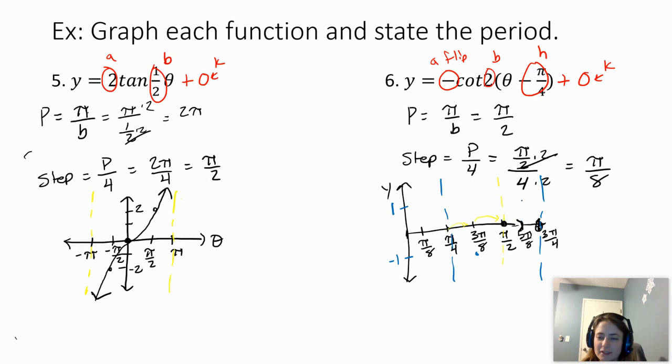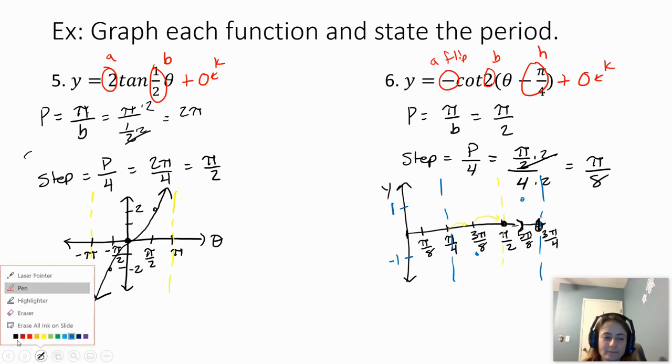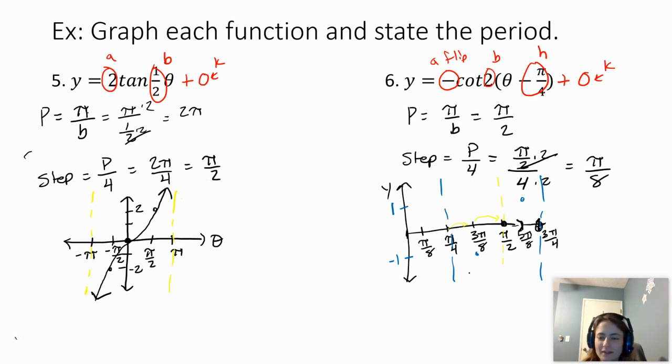At 5 pi over 8, +1. And wow, there's our graph. A little bit messy, but there it is. All the parts to it.